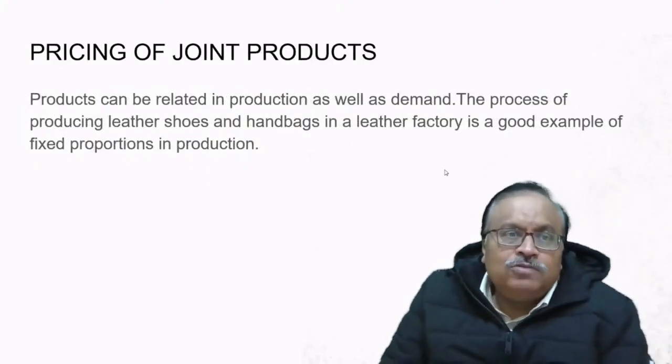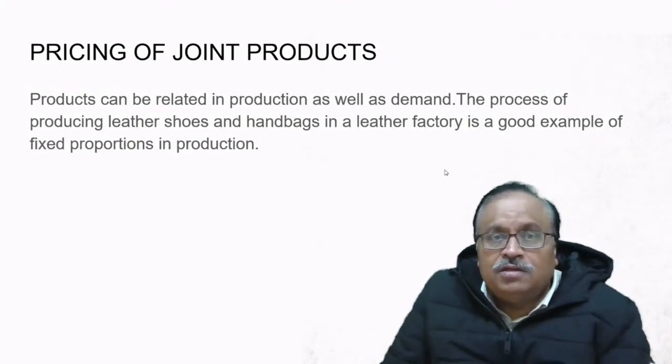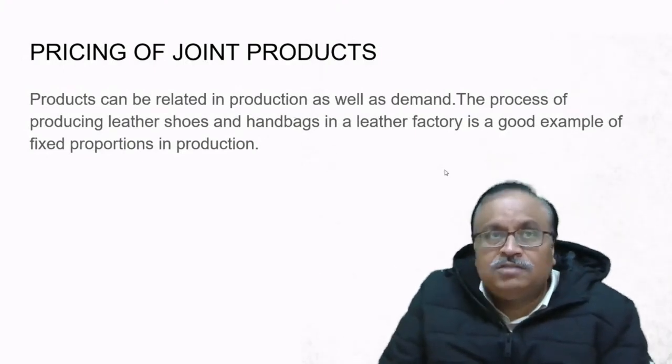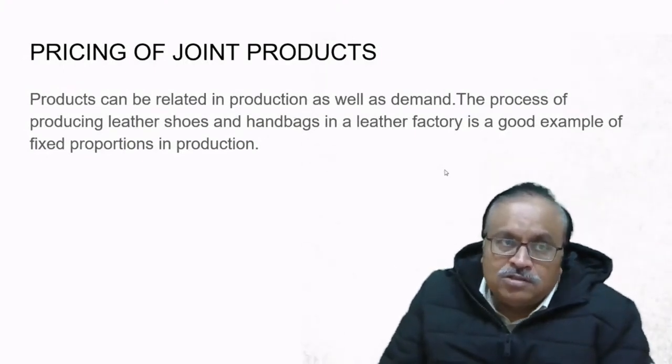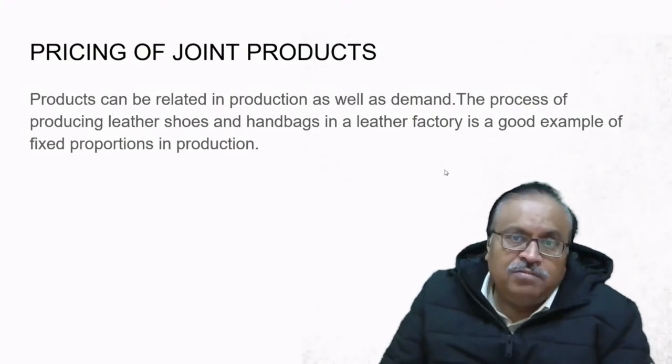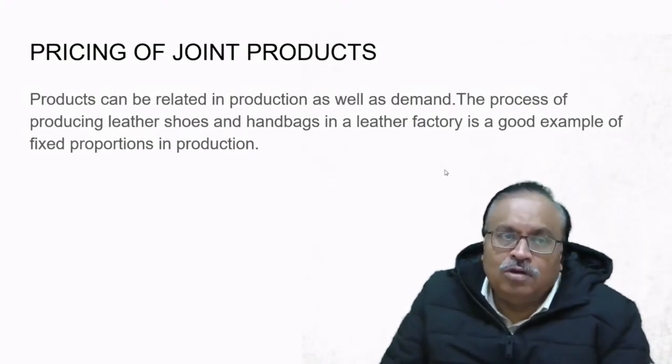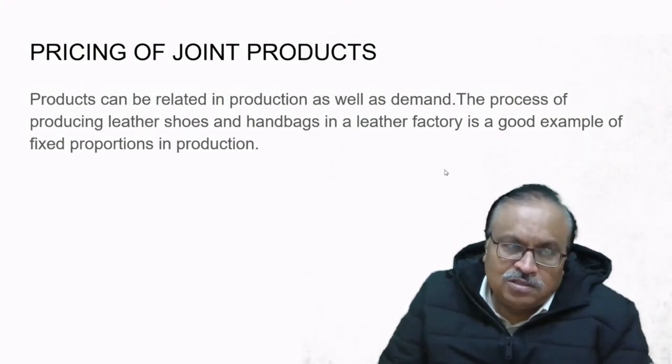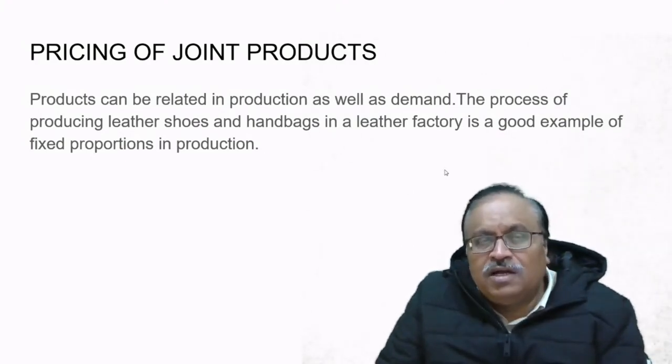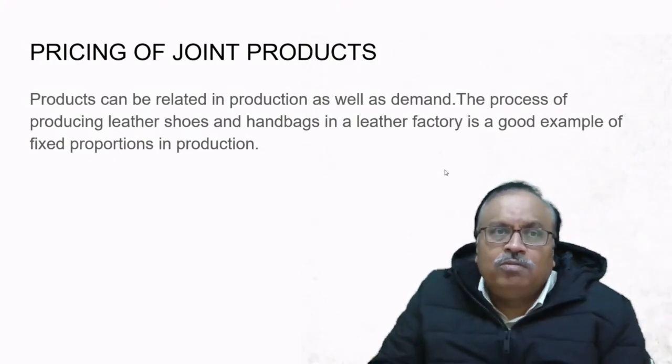Then we have the pricing of joint products. Products can be related in production as well as in demand. The process of producing leather shoes and handbags in a leather factory is a good example of fixed proportions in production. From one raw material we can have multiple products.